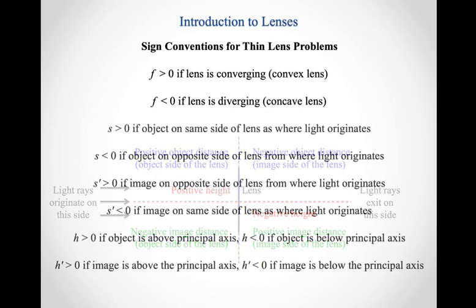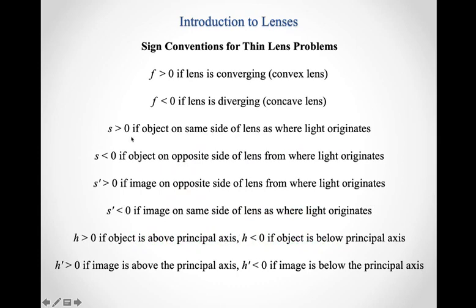So let's write all this out then. What we've said is that you have a positive object distance if the object is on the same side of the lens where the light originates. Again, meaning that the object is on the object side of the lens. Of course, that's negative if the object is on the opposite side of the lens from where the light originates, so the side where the light's going to go out, meaning that your object is now on the image side of the lens.